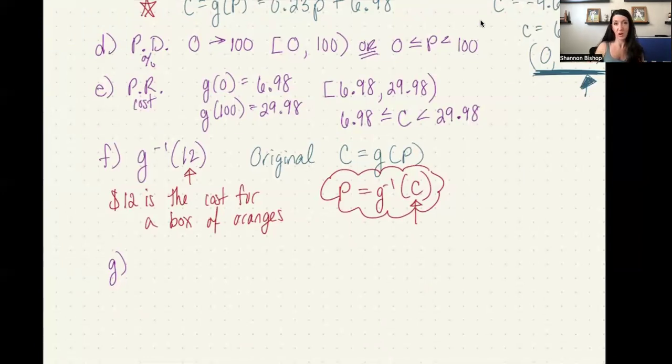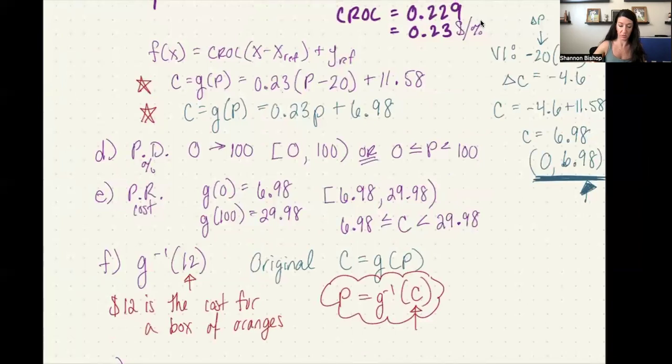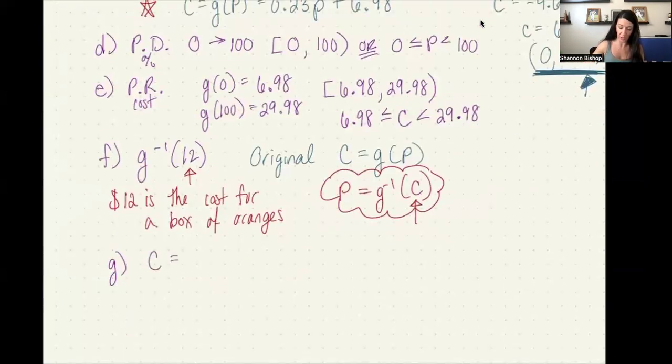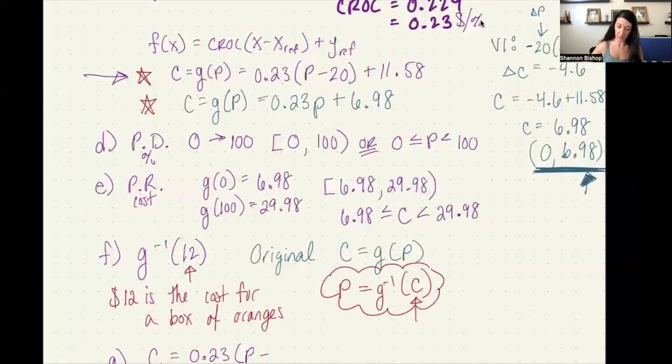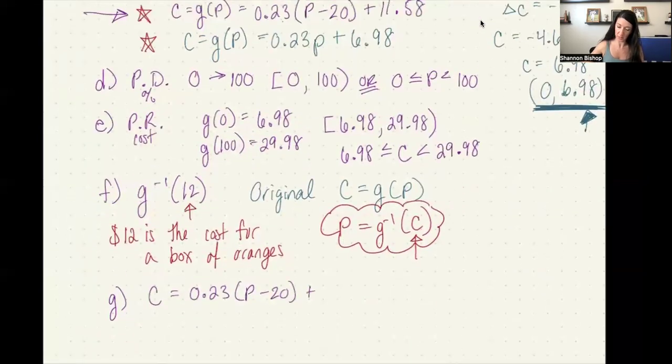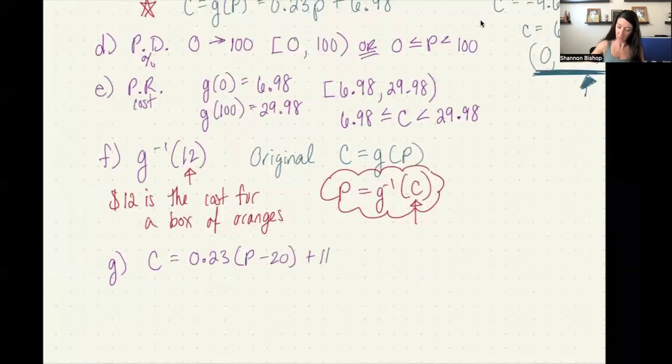So if I were starting with, let's do this top one, this one right here. If I was starting with that formula, I would just have cost was my original output, 0.23 P minus 20 plus 11.58. So whenever you find an inverse, you always just start by writing down the original problem, and then you invert every operation until the other variable is by itself.